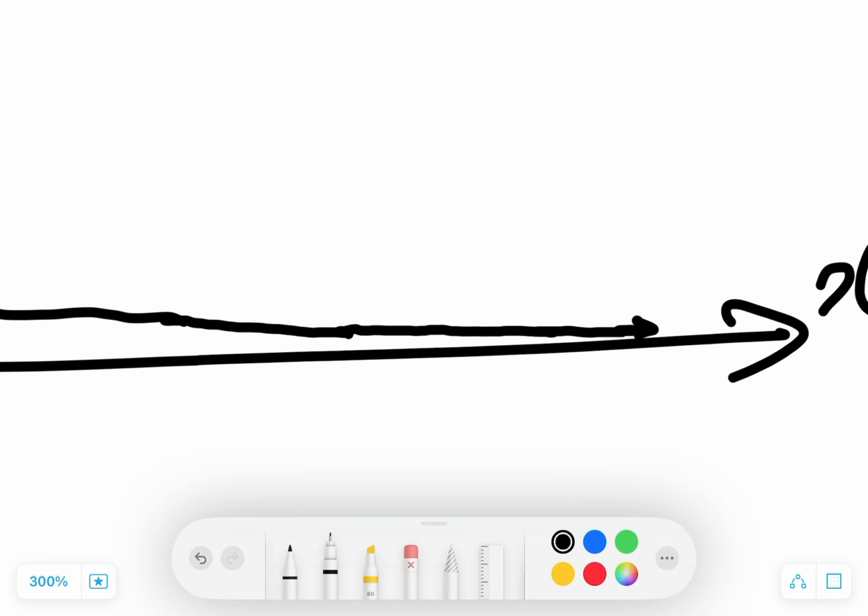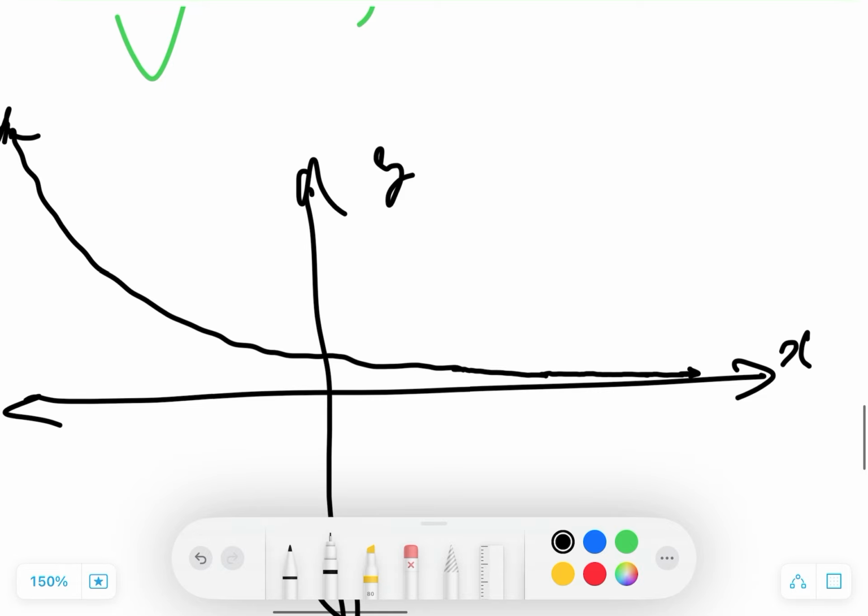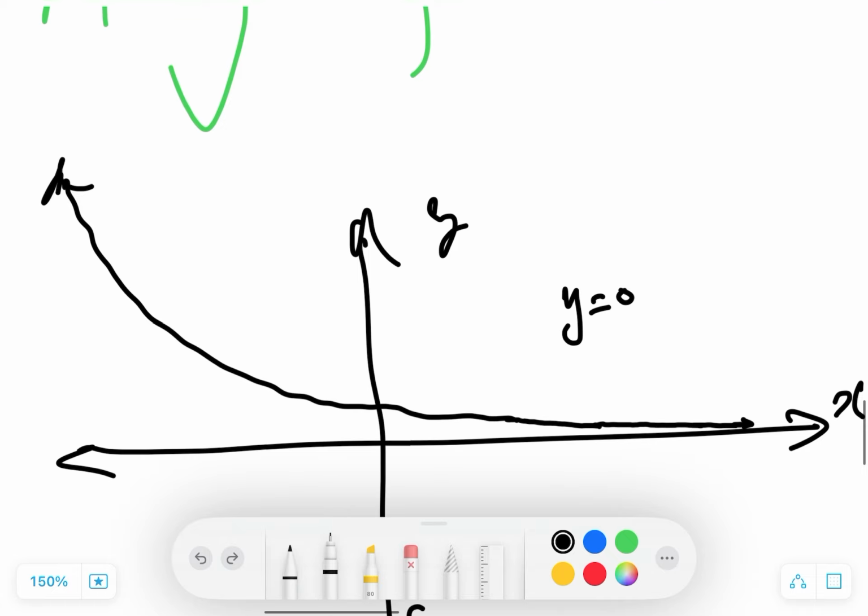So it should never touch. So that means the x-axis in this case is the asymptote of this graph, right? Remember we call the x-axis the line y equal to 0 because y is 0 anywhere on this line. So that will be the asymptote of this graph.